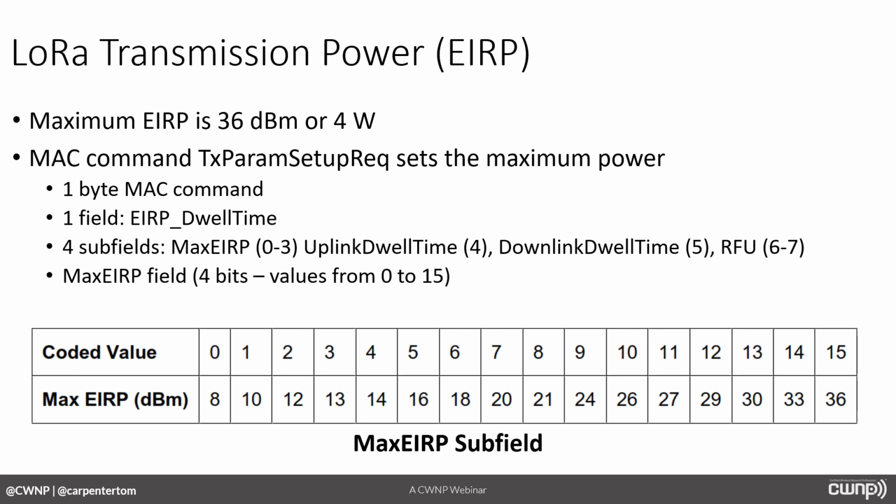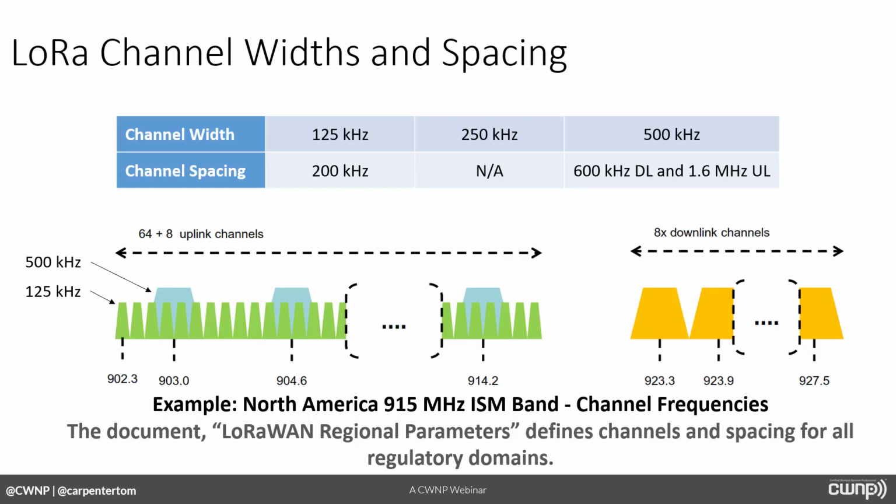Now here we have the LoRa channel widths and spacing. This information is also available in the LoRaWAN regional parameters document that I've mentioned to you. This is just an example from the North American 915 megahertz ISM band. It varies by each region, and they use completely different frequency bands, and they may use different channel widths.